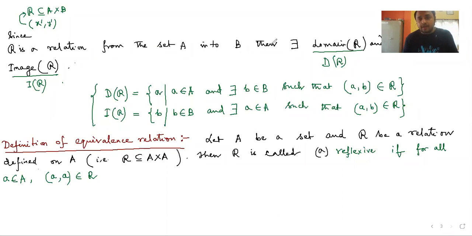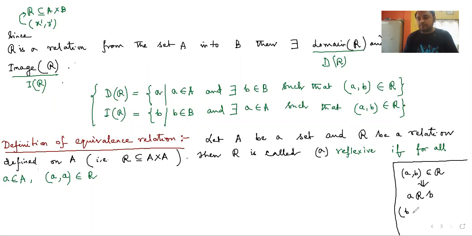One thing I have to tell you is that sometimes for simplicity, in some problems or in some books, you may find a notation which may not be like the notation I'm using right now, but these two notations are actually the same. When we say that the ordered pair (a, b) belongs to a relation R, this can also be written as a is related to b.